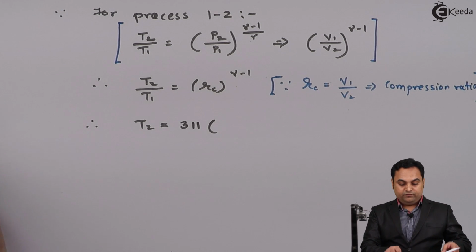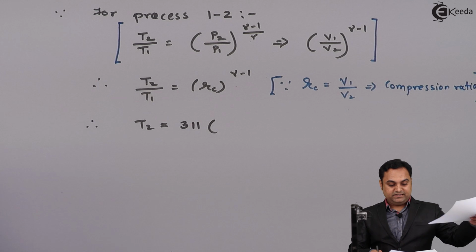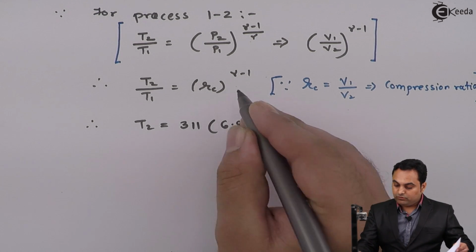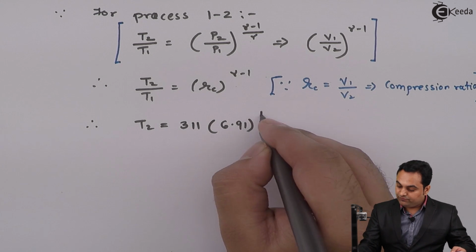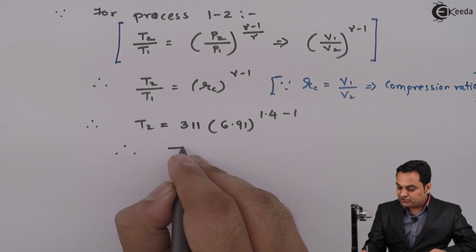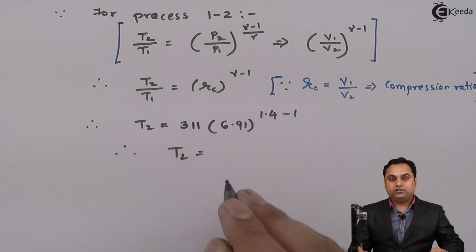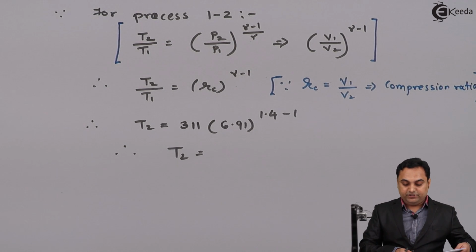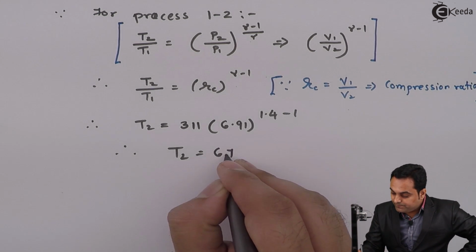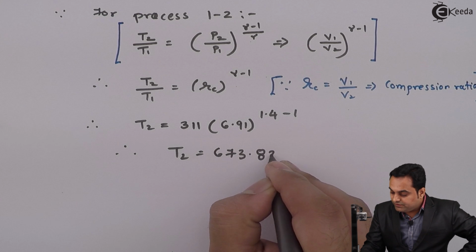RC value we have found out, it was 6.91. Now gamma for air, it is 1.4 minus 1. So on calculation of the entire terms here, I'll get my answer of T2 and it comes out to be 673.83 Kelvin.